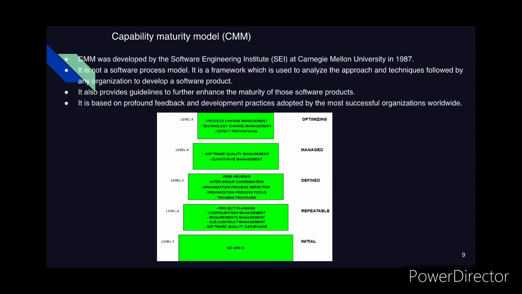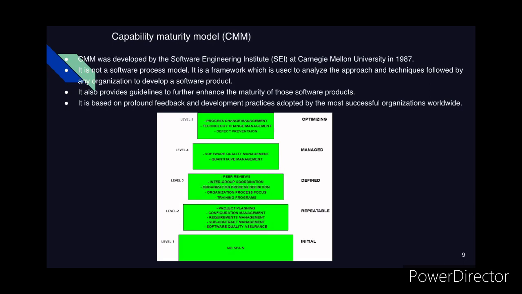Now the third level, level 3, that is the defined level. In this defined level, documentation of the standard guidelines and procedures takes place. Like I said earlier, when making a software, documentation is also an important part.